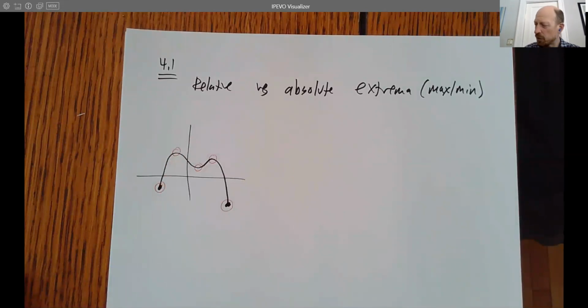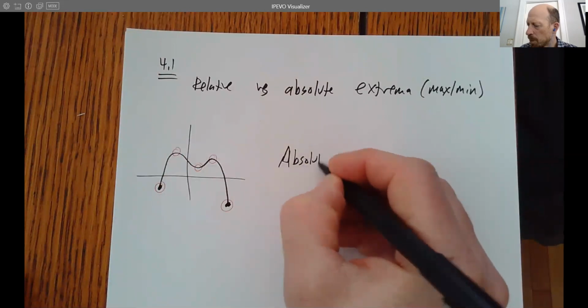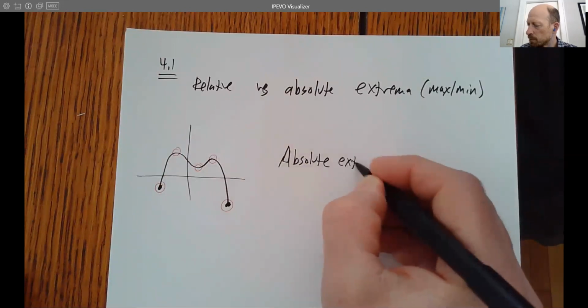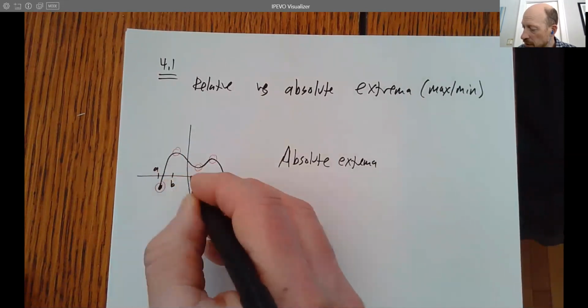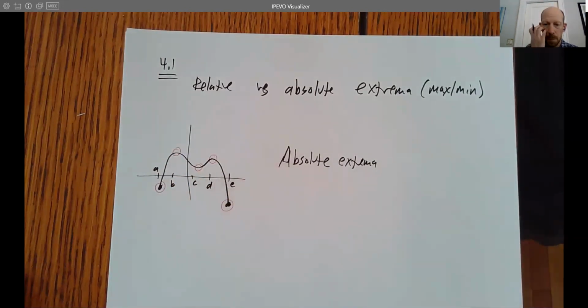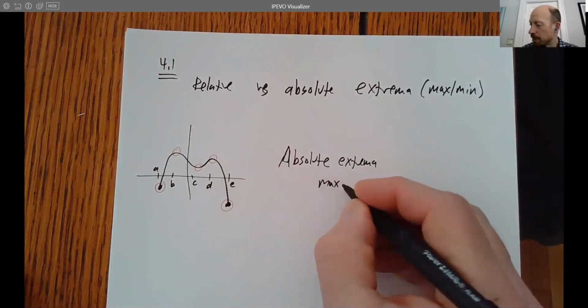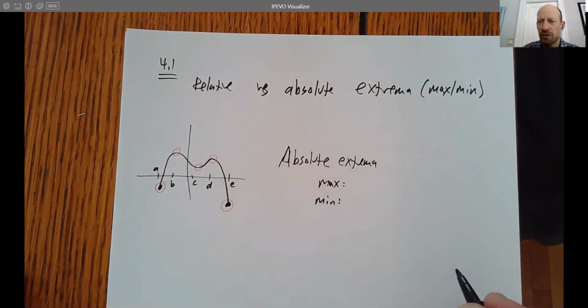And the easier one is probably the absolute extrema. Maybe I should label these A, B, C, D, and E. So the absolute extrema, there could be a max and there could be a min, and we are interested in both, sometimes what they are, but in many ways we're more interested in where they occur.